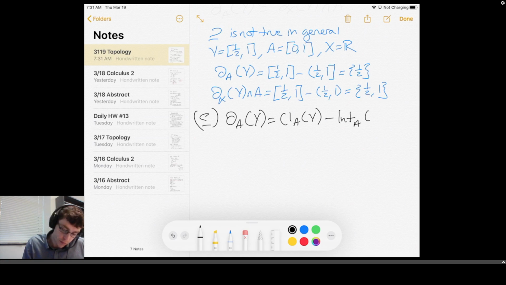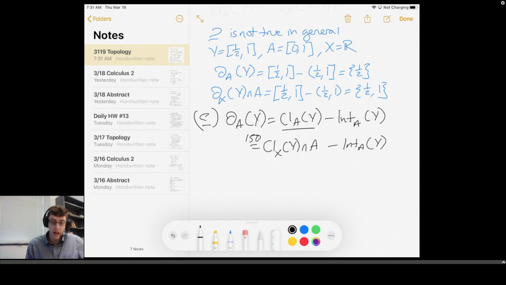So we have this, and then eventually we want to compare this with the boundary of Y in X intersect A. So I'm basically going to translate these, right? So I'm going to first use 150, right? This is the closure in X intersect A minus this interior.